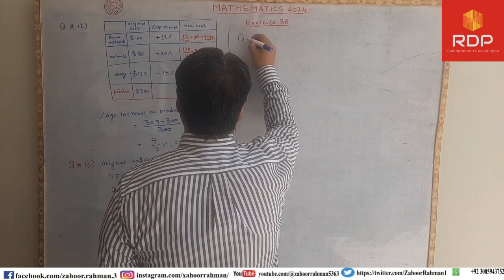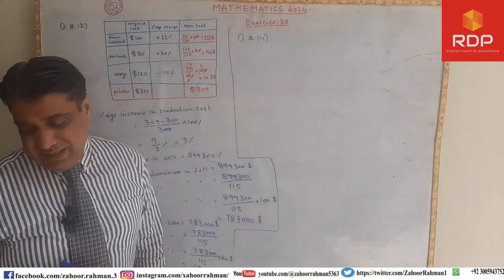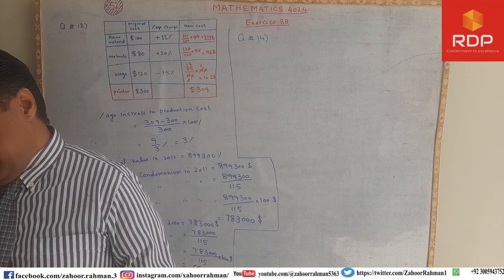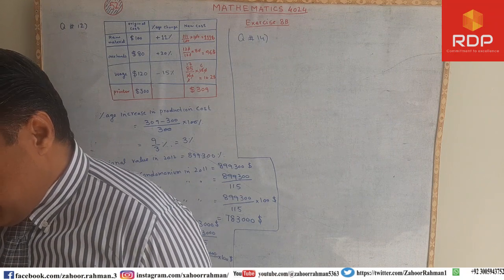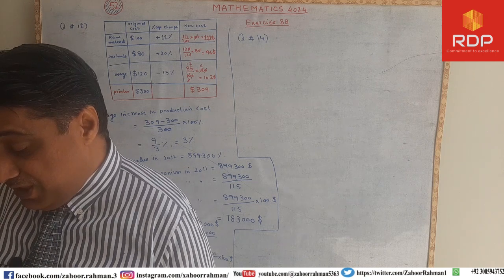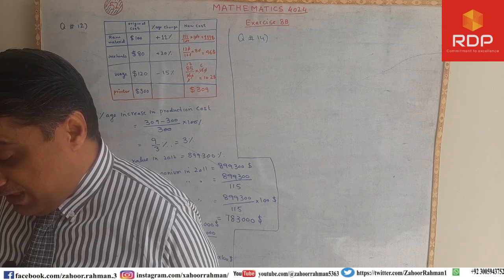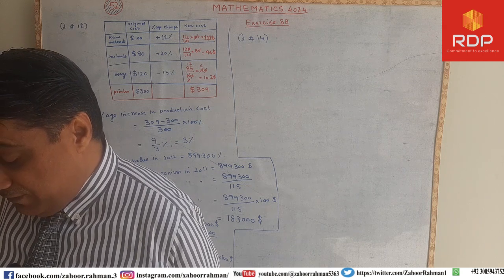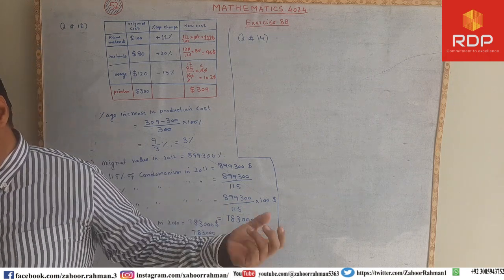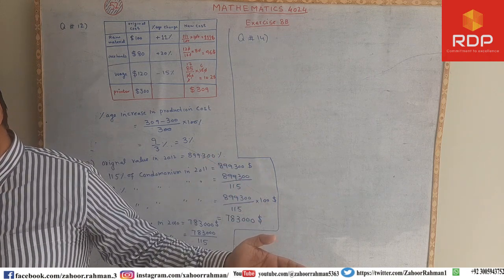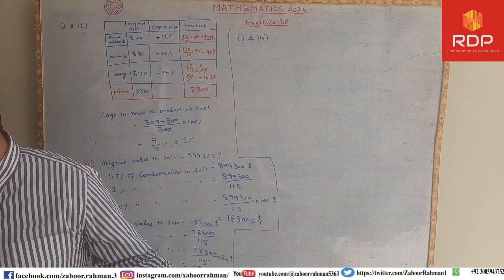Now we are going to solve question number 14. Question number 14 says every year the value of a sewing machine depreciates, meaning reduces, by 25% of its value in the previous year. In the previous year it was 100, so in this year it is depreciating to 75, like this.